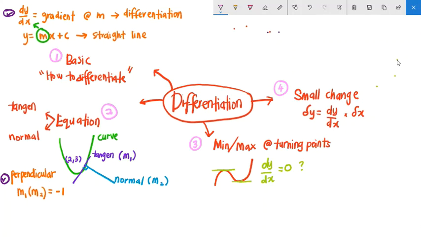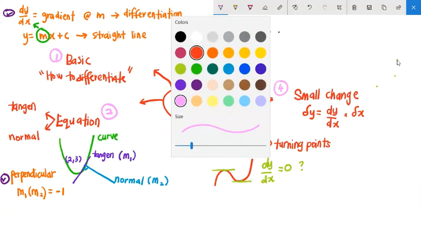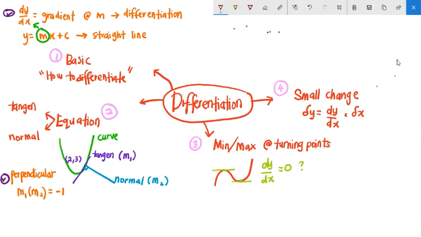Ini just overview untuk differentiation. Okay, last but not least in differentiation is rate of change.